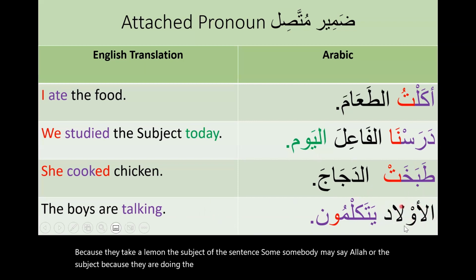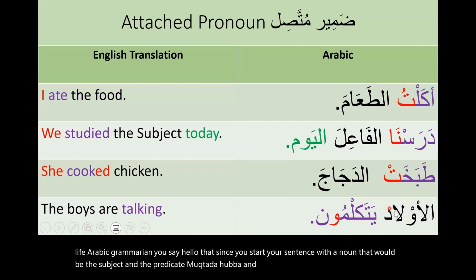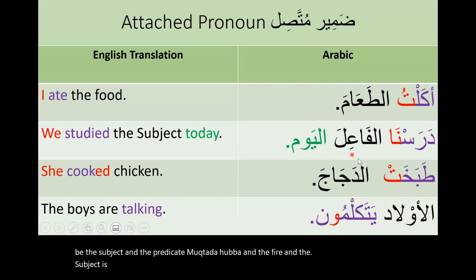Yeah, and I know that is how I was taught, but in real life, Arabic grammarians say al-awlad, since you start your sentence with a noun, that would be the subject and the predicate, mubtada wa khabar. And the subject is the pronoun that refers to the al-awlad. And in this case, it's the wow.